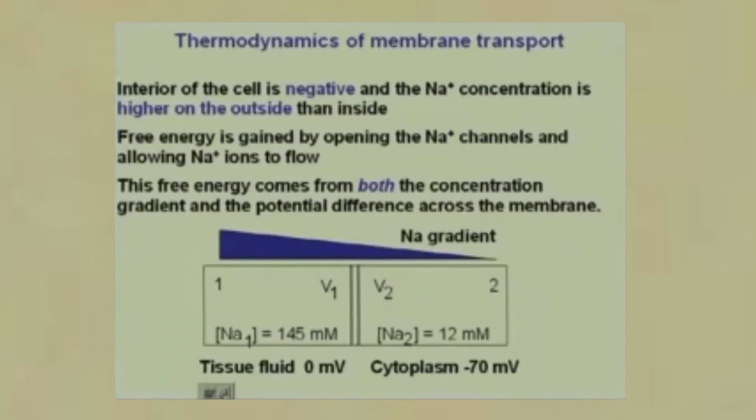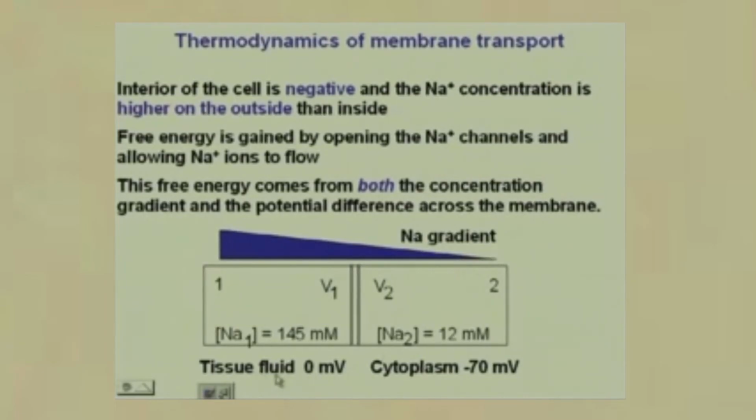Okay. So, what do we have? If we consider now our sodium gradient, what did we have? We had 145 millimolar. Where is this? Outside. We know that the inside of the cell has high potassium and low sodium. So, the sodium gradient is such that you are going from the outside to the inside of the cell.